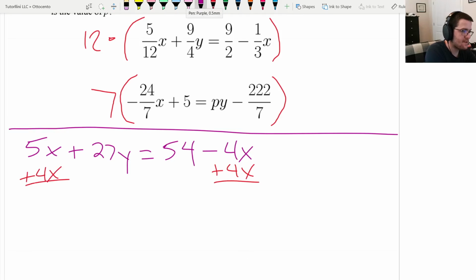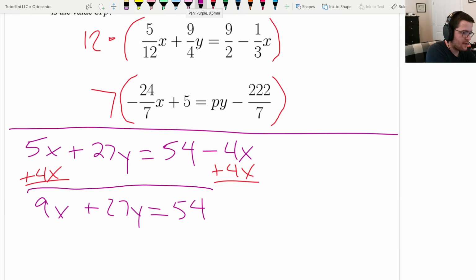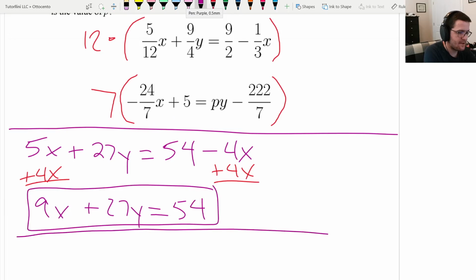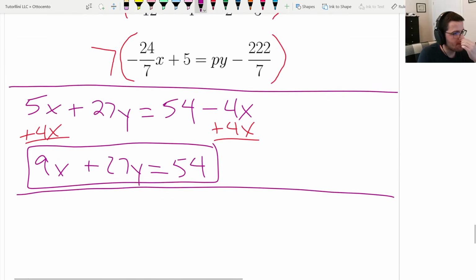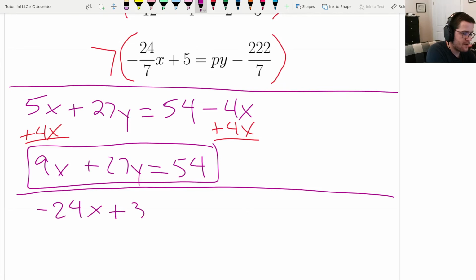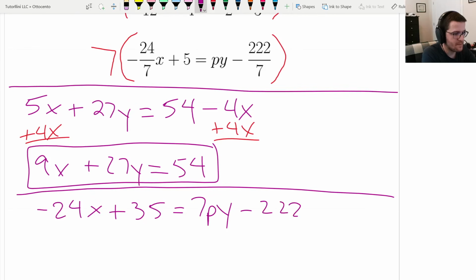And we get 9x plus 27y equals 54. Hopefully I did that right. And let's just do the second one down here. So 7 times that whole thing, that's negative 24x plus 35 equals 7py minus 222.